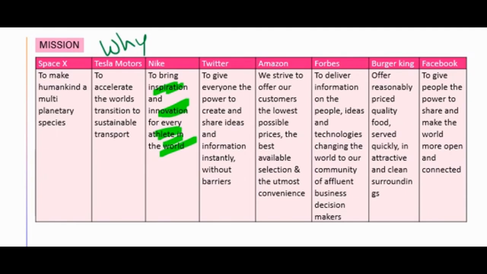So now let's take another example, the well-known company Facebook. What Facebook says: to give people the power to share and make the world more open and connected. This is very much true. Now maximum people are connected through Facebook, and they keep sharing a lot of content on a daily basis, right?